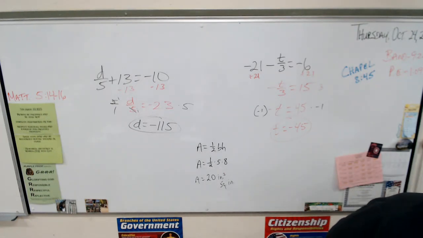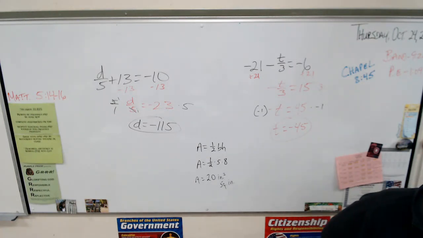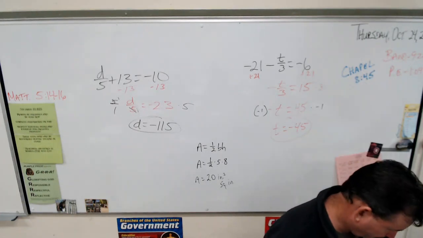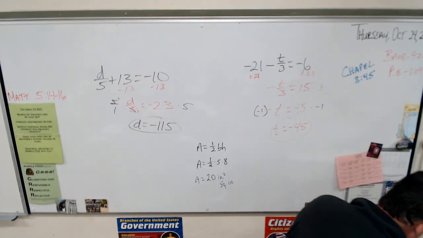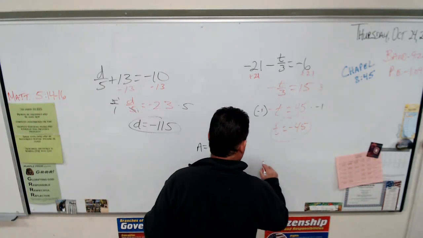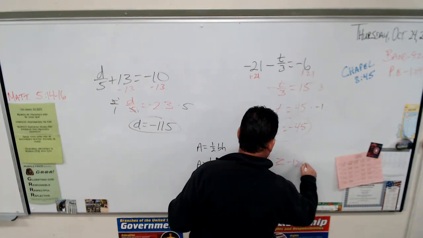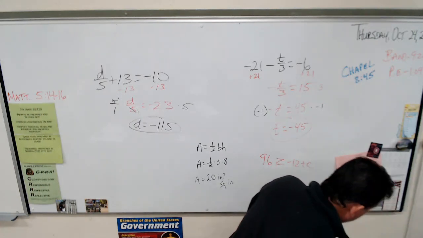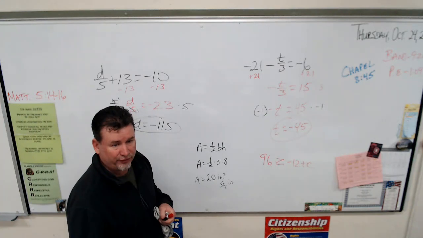37. Okay? 37 is an inequality. Or you need help with the solving or the graph? 96 greater than or equal to, let's see. Did I write that correctly? All right, I need to get C by itself, David.